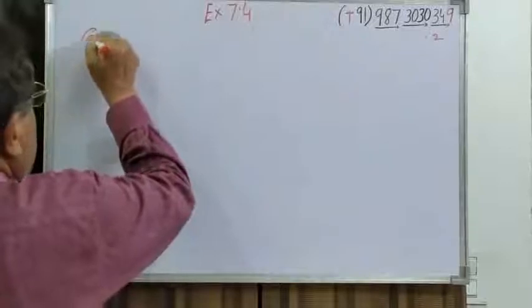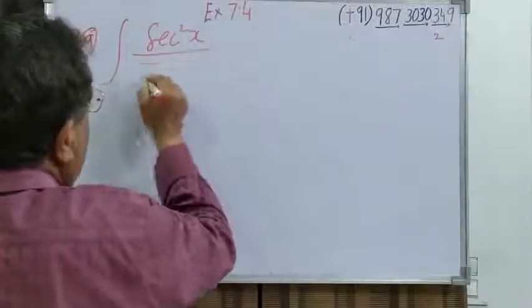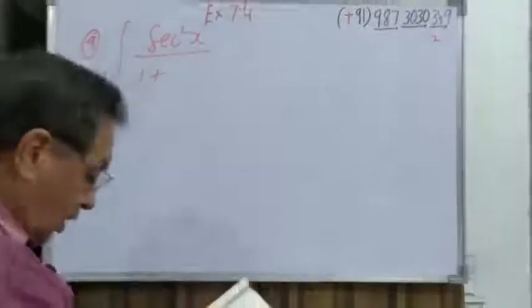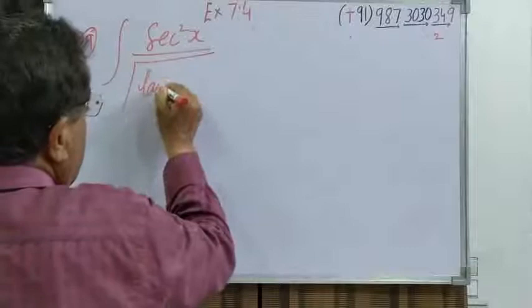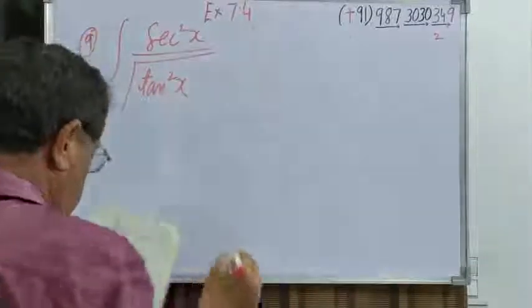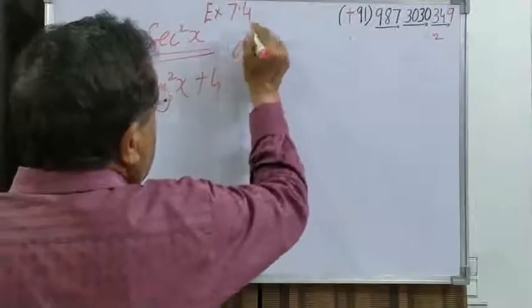Question 9: integration of secant square x divided by under root of tan square x plus 4, with respect to dx.